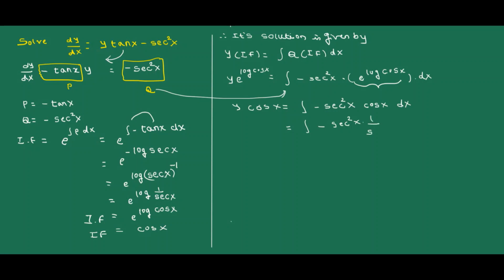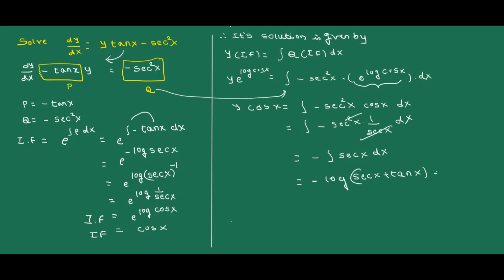We can also write cos x as 1 divided by sec x, where one of the sec x gets cancelled, so minus integration of the remaining term, sec x into dx. And what is integration of sec x? Integration of sec x is logarithm of sec x plus tan x.